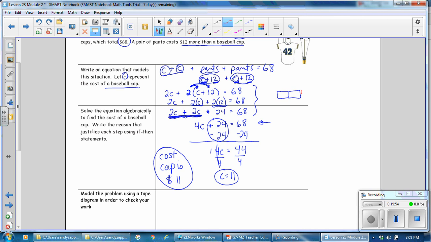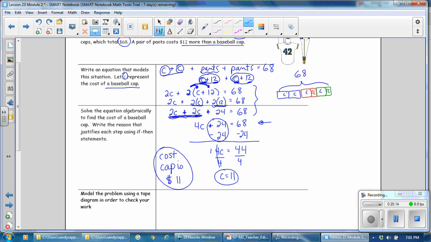So this would be the cost of the cap, and then this would be the extra $12. And then the other pair of pants would be the cost of a cap plus $12 more. So here we have cap, cap, cap, and cap, and the 12 and the 12. All of that adds up to $68.